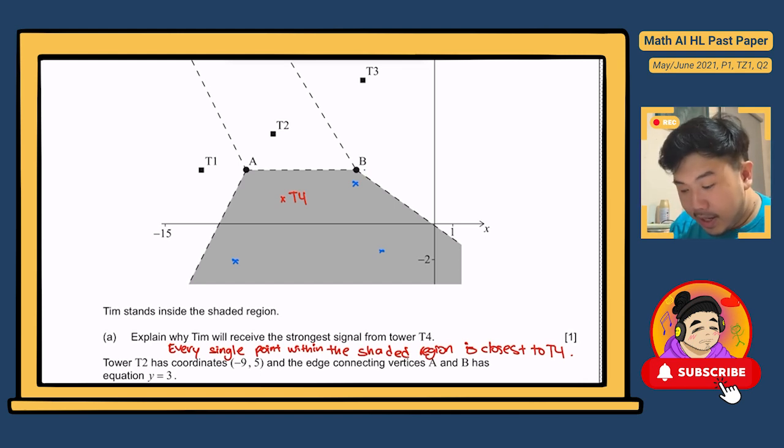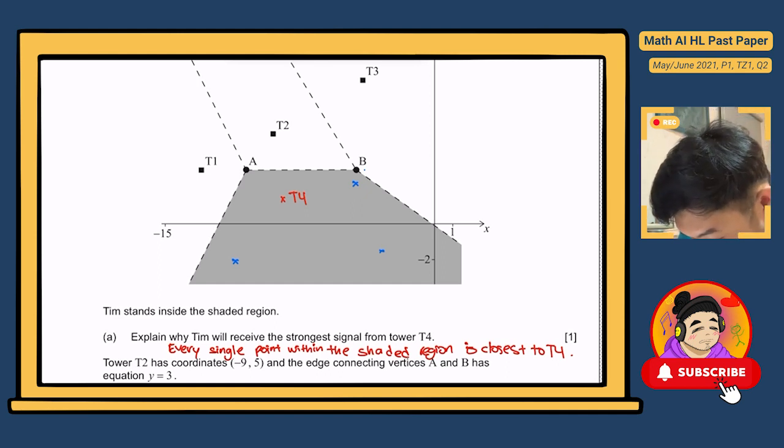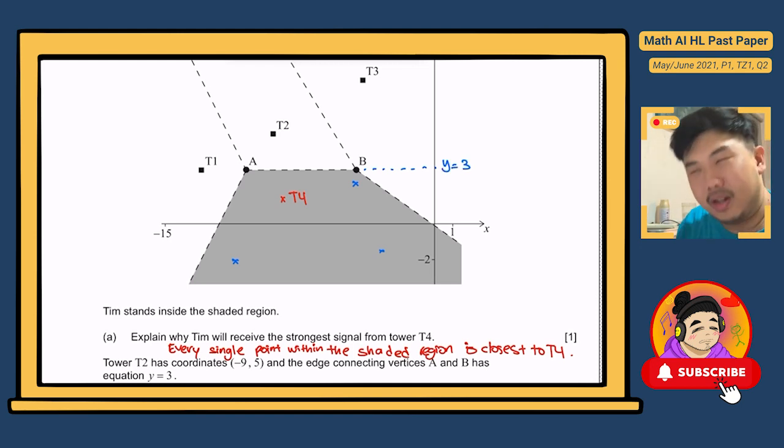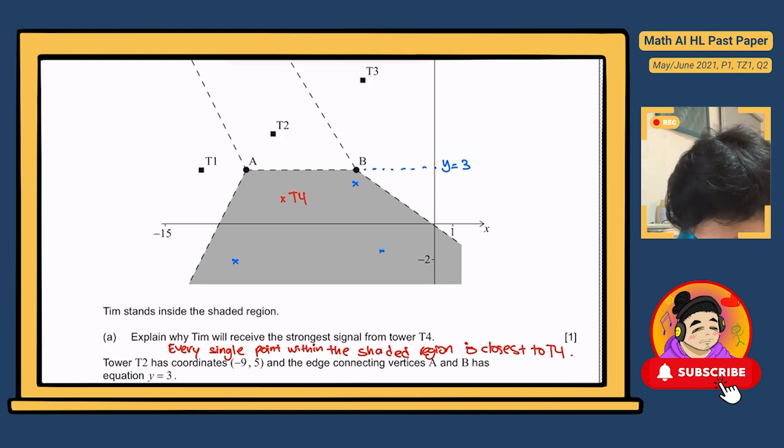In this case, between T2 and T4, there's the edge or the line AB, meaning that T2 is a perfect reflection upon the line AB. And this is a huge advantage for us to know. We know that based on the question, AB follows the equation y equals 3, while T2 is at the point (-9, 5).